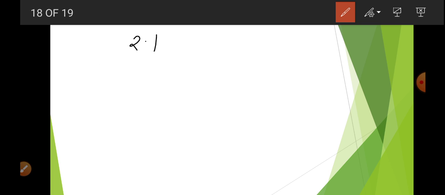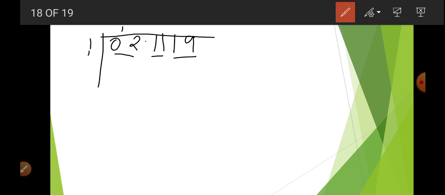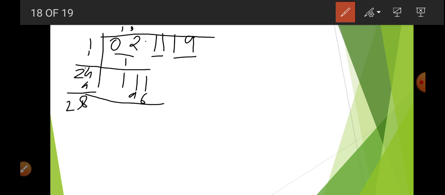So 2.1119. We make the pair like that. Now 2 is divided by 1, 1 1 1. So it will be 2 1. This point will go above and 11 here. Now it is divided by the 4. So 4 4 8 2, and we get 96. So how much is left? 15. Now how much number can we do? 5. So here we will write 4.